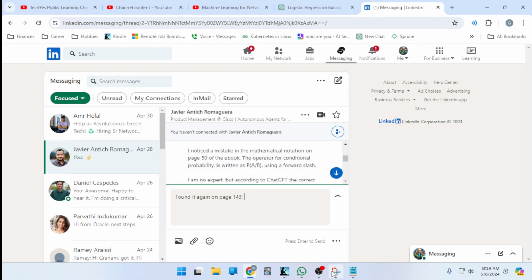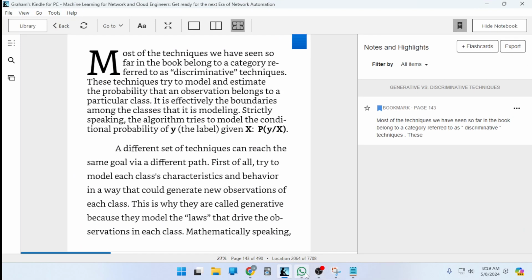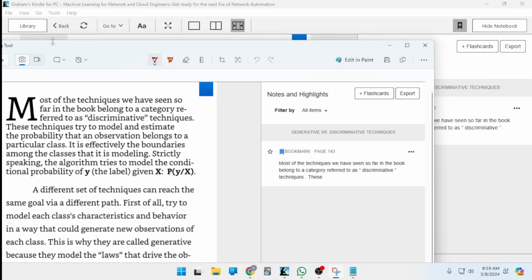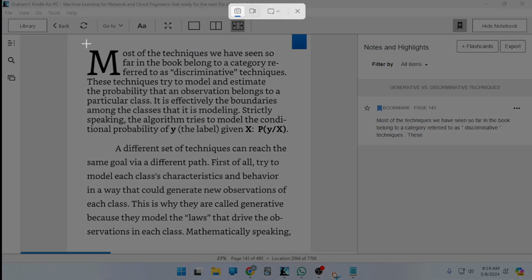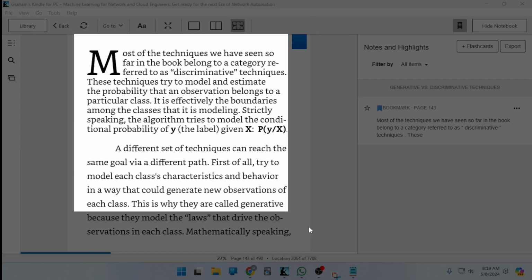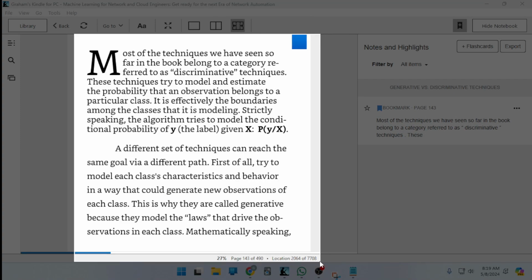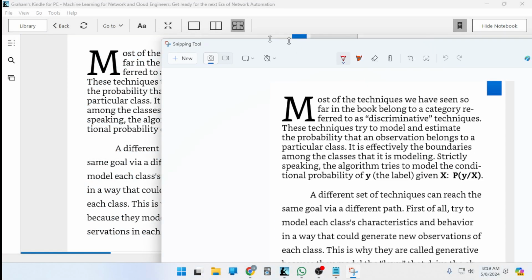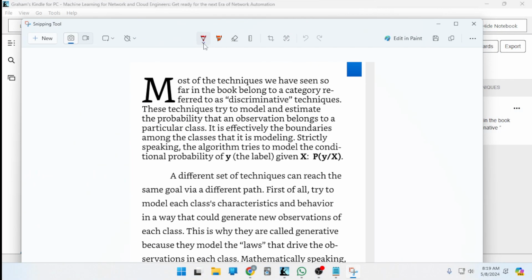And then I'll include a screenshot. And this has to be a highlighter.